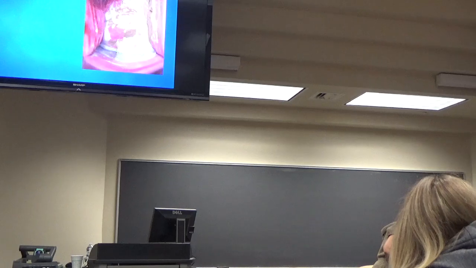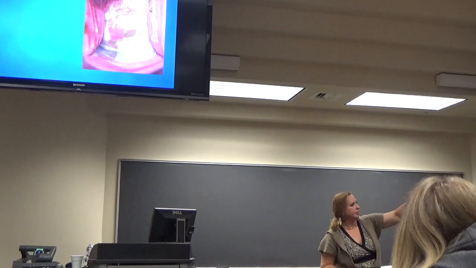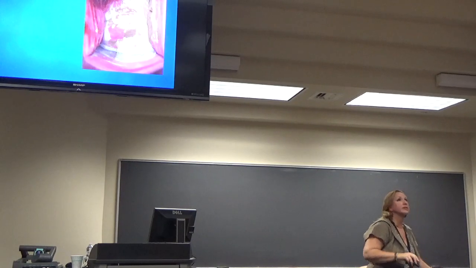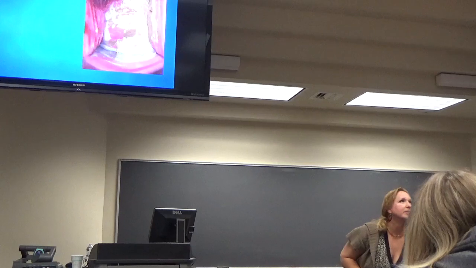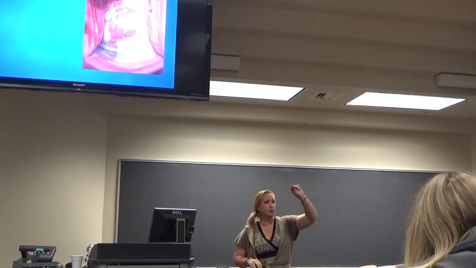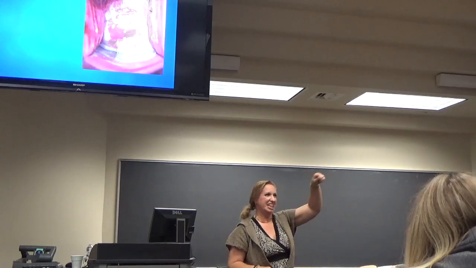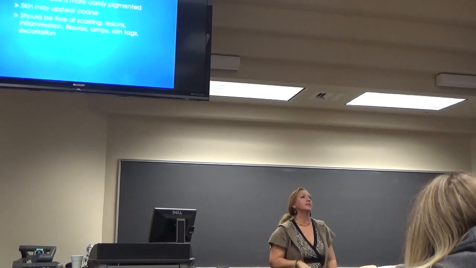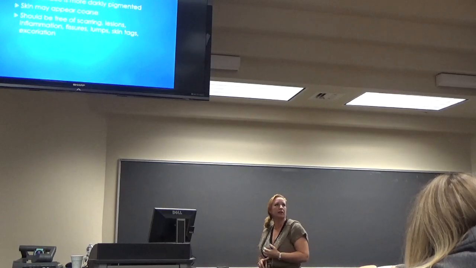Almost like this one without the polyp. But obviously it's hard to see, so you would use an OB swab, clean it off to get a better picture of it. I think I've already talked about all of this.